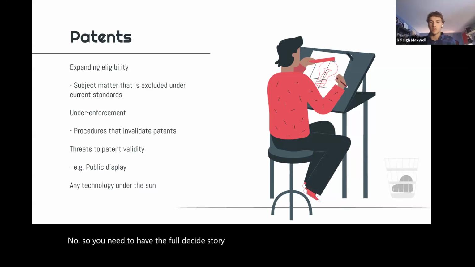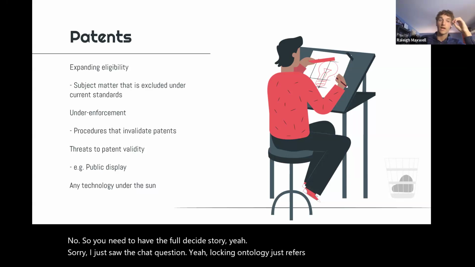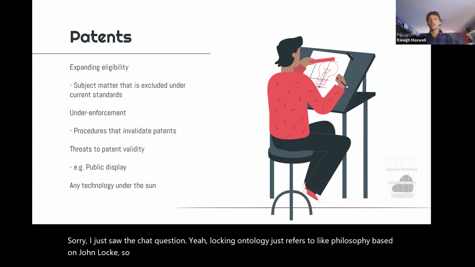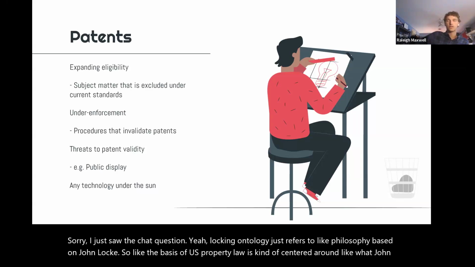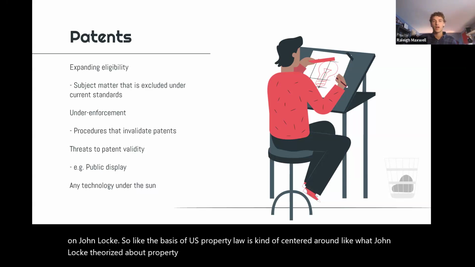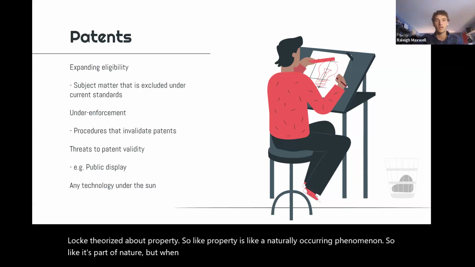Oh, sorry, I just saw the chat question. Lockean ontology just refers to philosophy based on John Locke. The basis of US property law is centered around what John Locke theorized about property. Property is a naturally occurring phenomenon, part of nature, but when one person improves a certain part of that nature, they then own the right to that property.